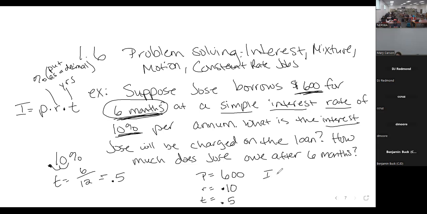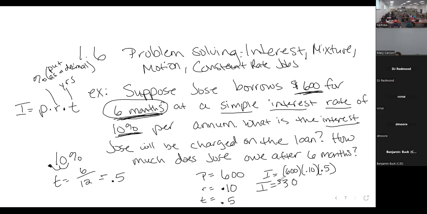And now we can figure out our interest by multiplying 600 times 0.10 times 0.5. Somebody tell me what you get there. Should get 30.